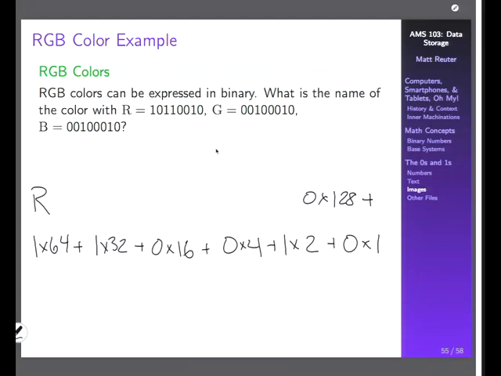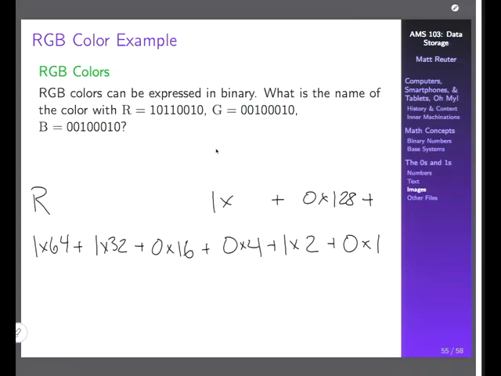Did I miss a power of 2 here? I did skip 8, thank you.